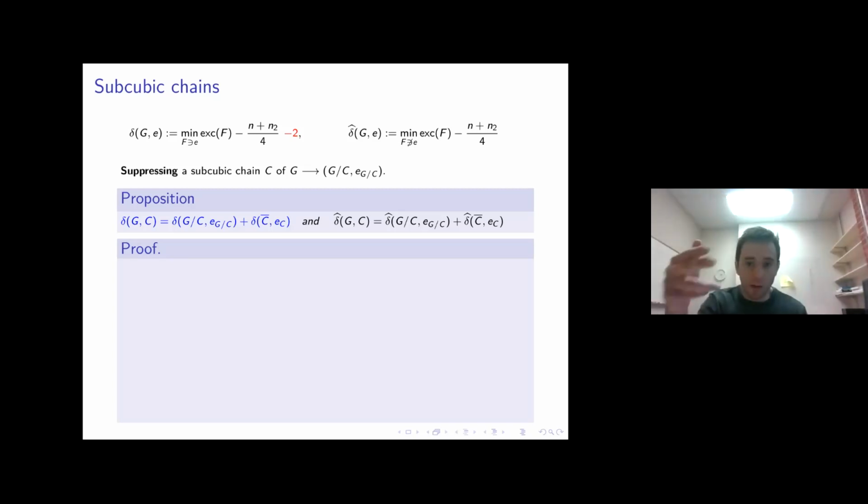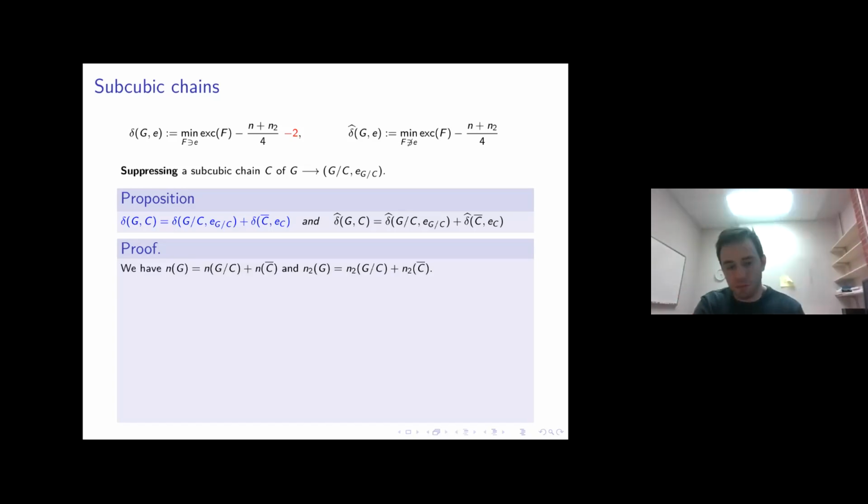And delta hat has an anomalous equation there. So what's the calculation? First you want to make sure the vertices match up. So the number of vertices in G partitions into the vertices of G suppressed C and the number of vertices in the closure, and similarly for the number of degree 2 vertices.